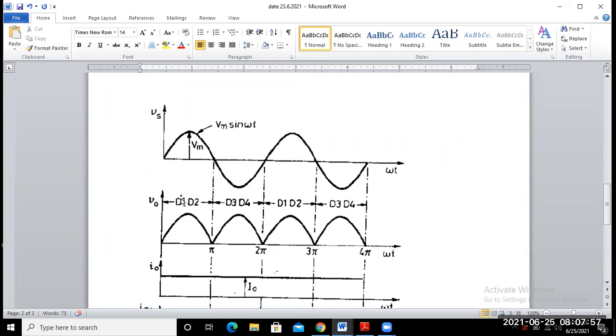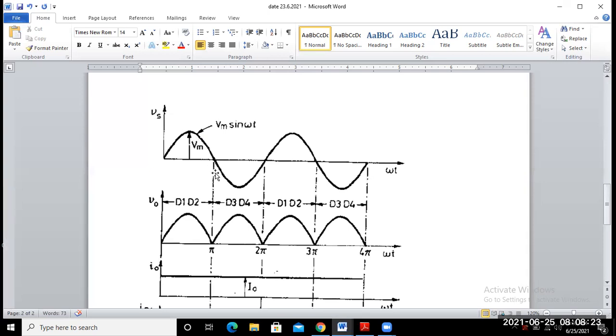are in forward bias for the positive half cycle, that means 0 to pi. So the output voltage we obtain is just similar to the positive half cycle of the supply voltage. So from 0 to pi, when D1 and D2 conduct, we obtain the output voltage waveform just similar to the input supply voltage.